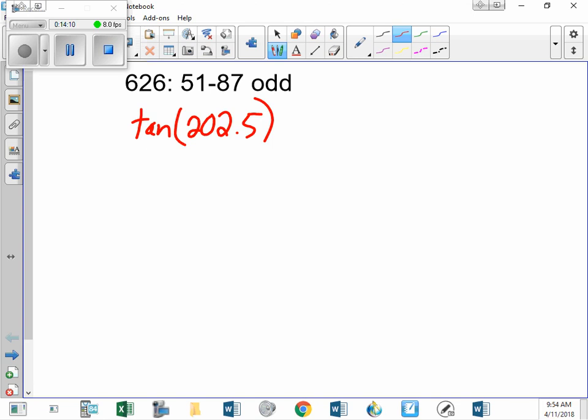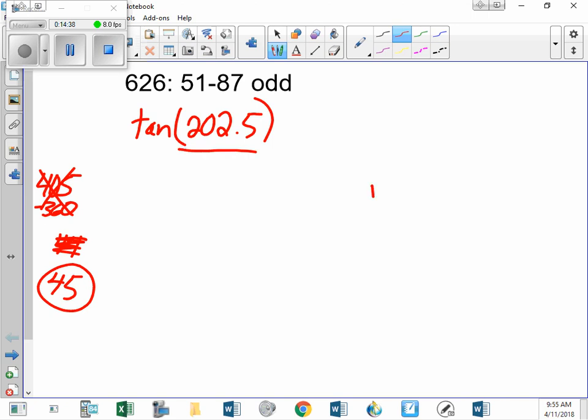First off, is 202.5 half as big as some angle we already know? 405. Now, I don't like 405, so I subtract 360, and I get 45. Oh my goodness, 45. So that's the angle we're going to look at.